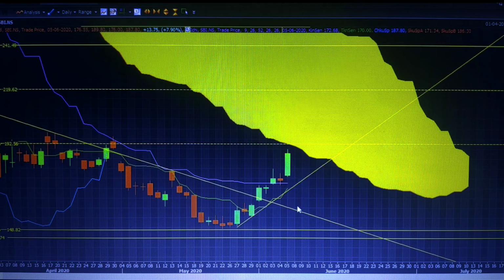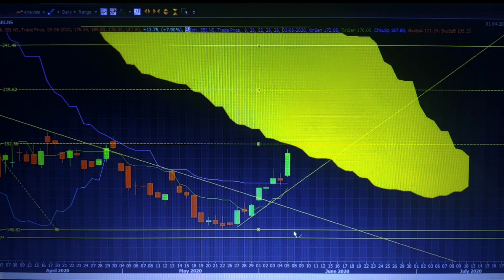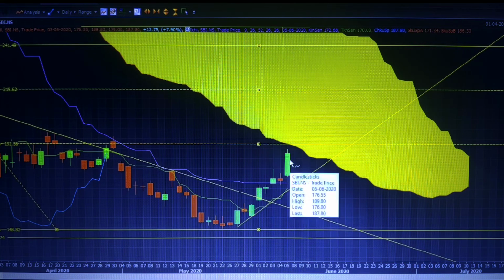But remember that your stop should be below this support level, the biggest support level for State Bank of India, around 145 to 150. If you keep a stop below this 150 or 145 support level and go long, as a long-term investor that will be a good call.